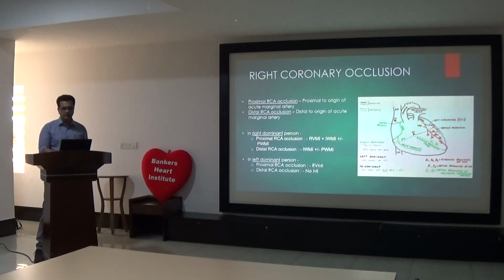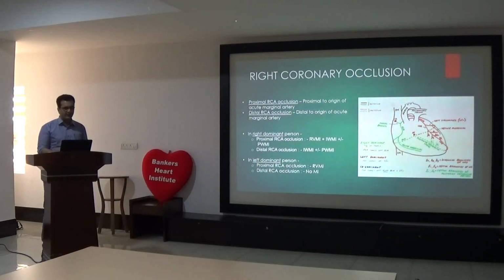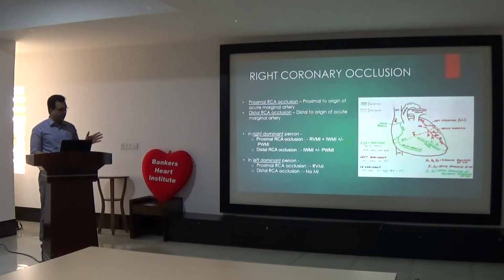Similarly, in the same person, a distal RC occlusion will give rise to inferior wall MI and posterior wall MI. In a left dominant person, that is, the posterior descending artery arising from the left circulation, a proximal RC occlusion will give rise to only RVMI, and a distal RC occlusion may produce no MI.